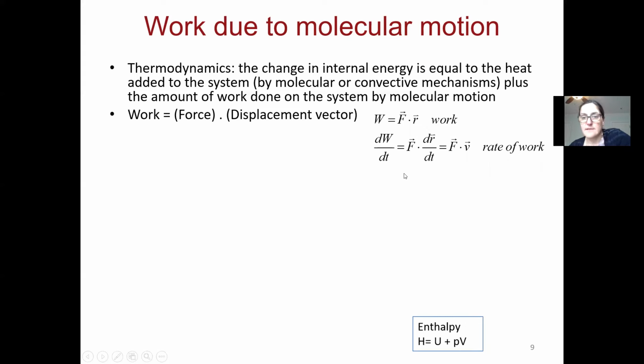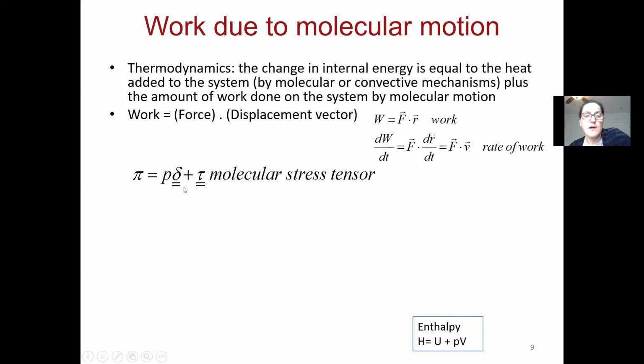Now, the rate of work, or power, is the derivative of work. If I take the derivative and my application of force is momentarily constant, then we get that F dot V is the rate of work, where V is my velocity. So I can get the power by projecting my force onto velocity.